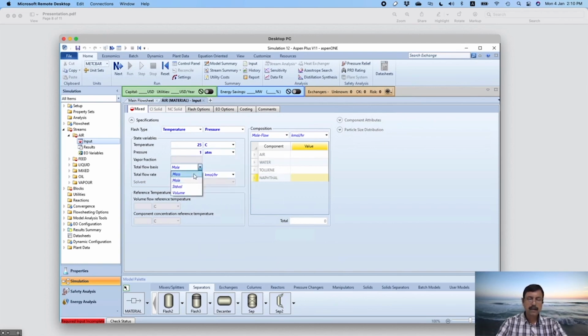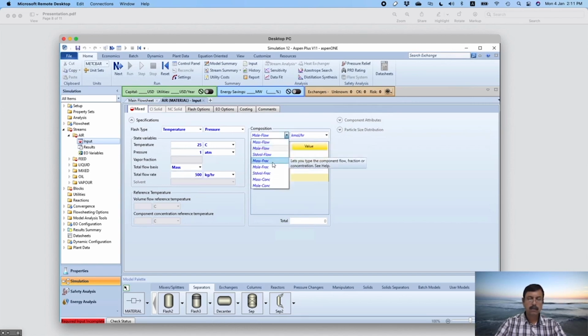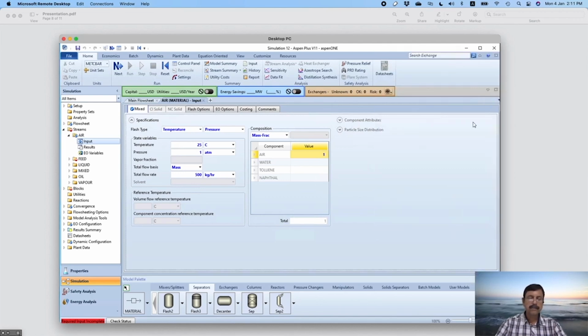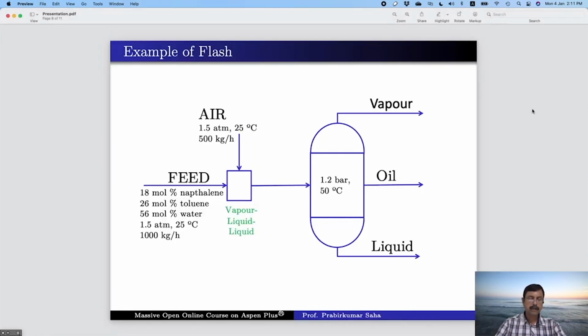And 500 kg per hour with mass fraction to be 1 for air. So we have air completely defined.